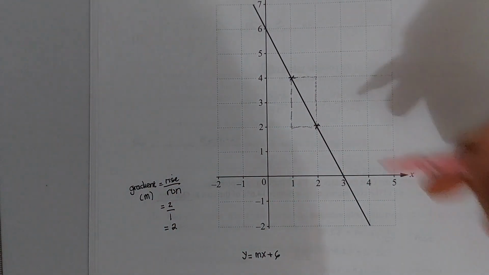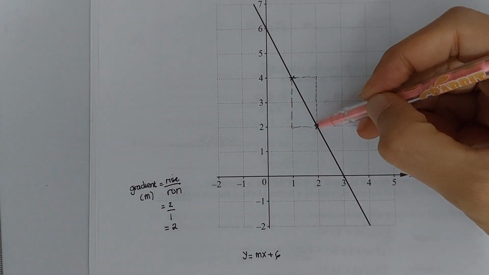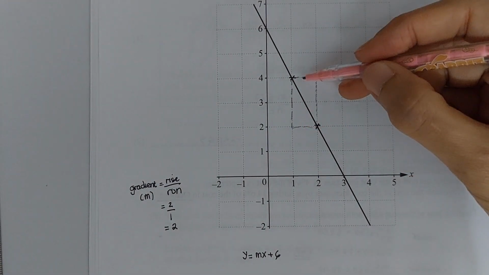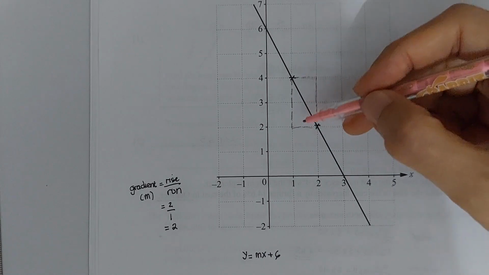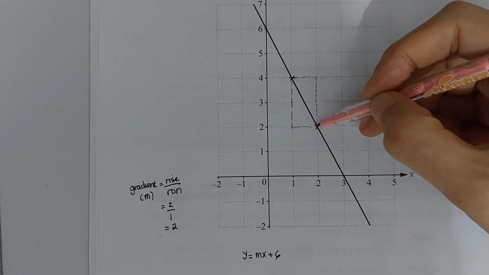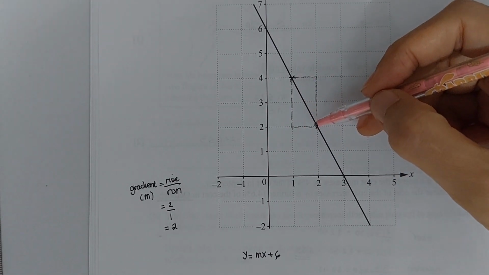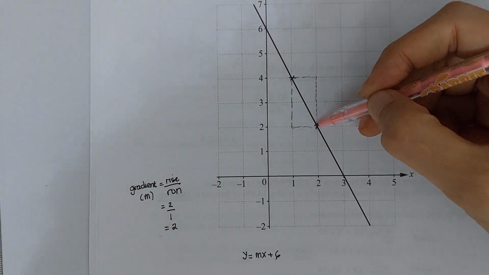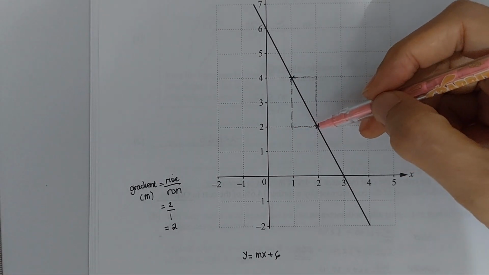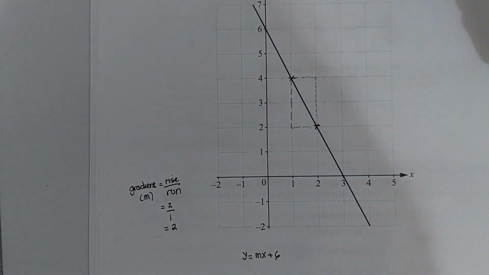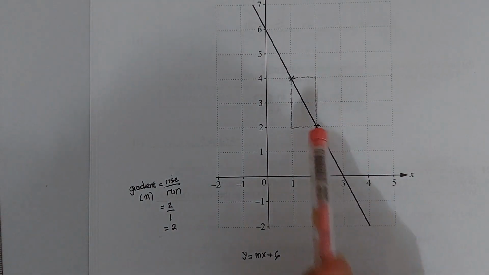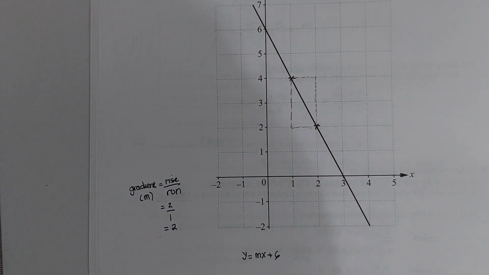Okay, so first, the diagonal here is for how many boxes vertically? 2. That one is the rise. And then for the run, you ask the same question but horizontally. This diagonal is for how many boxes horizontally? 1. Okay? Now, not yet done. After that, you look at the orientation of the line.